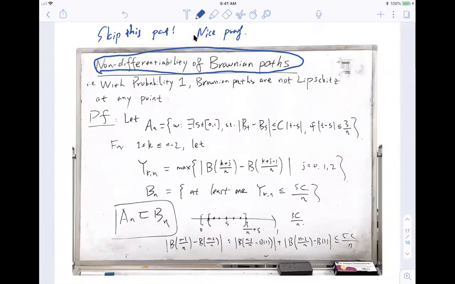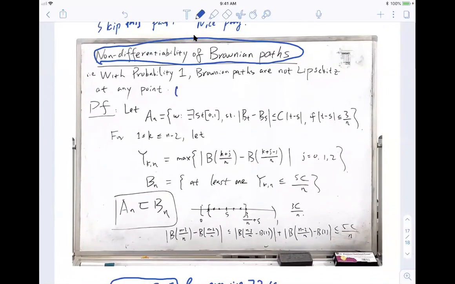And this proof is due to three mathematicians. So this is the theorem 7.1.6, non-differentiability of Brownian motion.